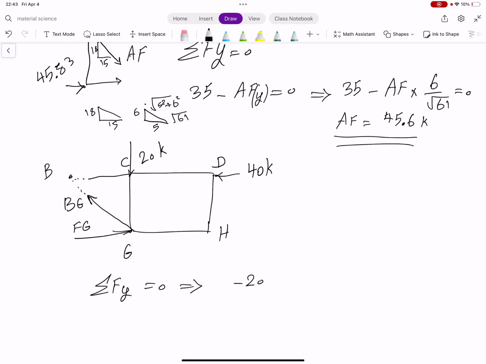BG, again, you need to use that ratio, plus BGY, this is the Y ratio, 6 divided by 61. Okay, what else? That's it. If I use this equation, BG will be 26K.